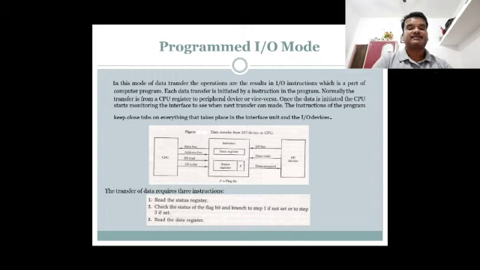Second, check the status of the flag bit and branch to step 1 if not set, or to step 3 if set. Third, read the data register.